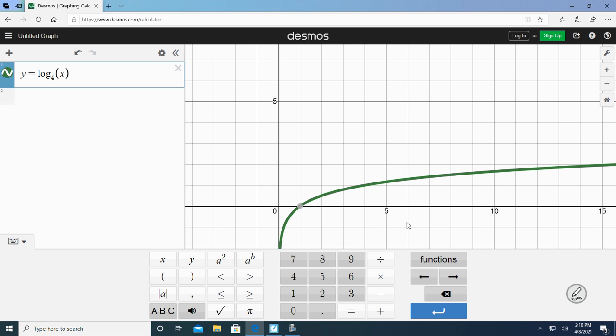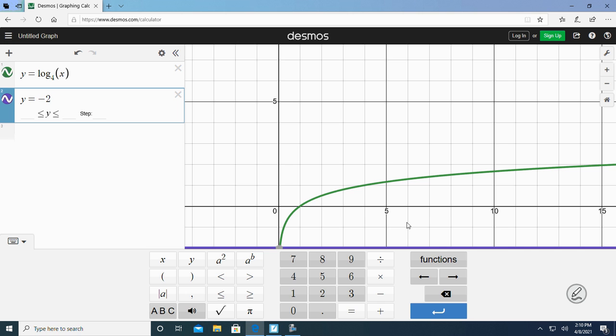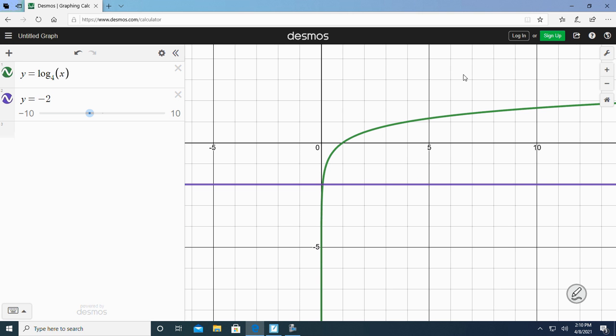There's our first equation. And then y equals negative 2. And again, if I click on the intersection, I'm looking just for the x value. So the x value of that one is 0.063.